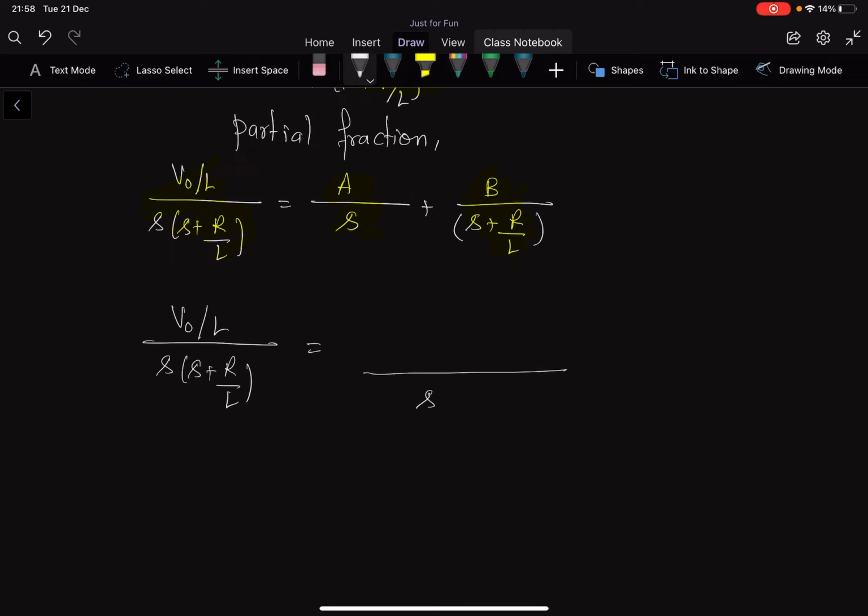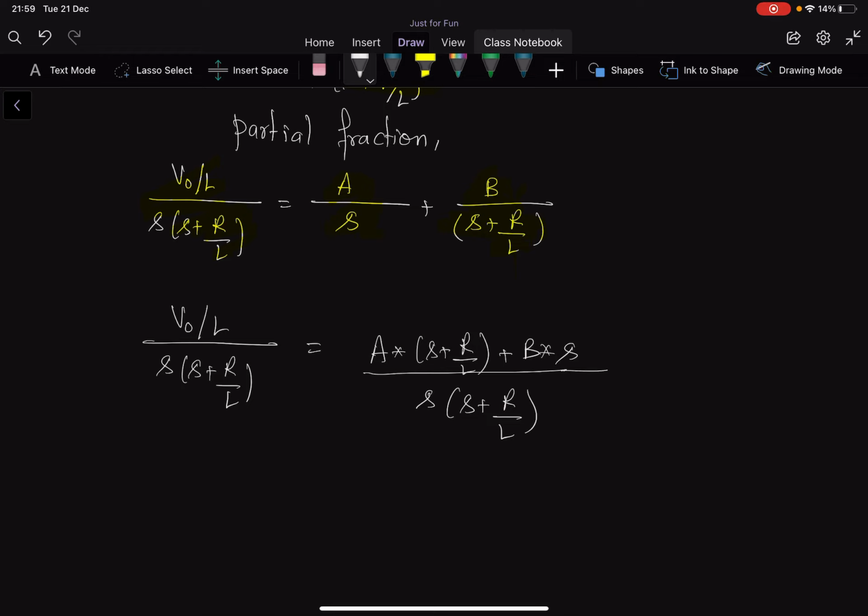We'll get the denominator like that, and in the numerator we have two terms: A should multiply with the bottom bit, so A times s plus R over L, plus B needs to multiply with this bit, like cross multiplication, times s.